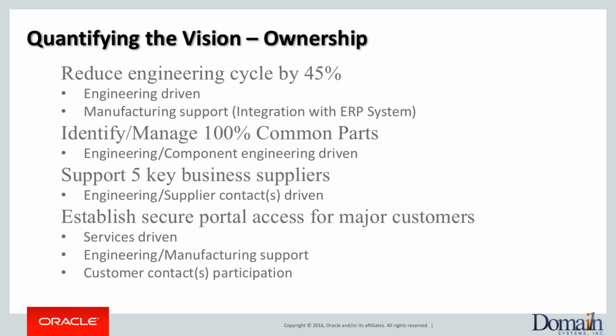one key one that seems to be raising its head more and more is that more and more companies are pushing out to contract manufacturers and bringing that contract manufacturer or that supplier into your overall development and engineering process.